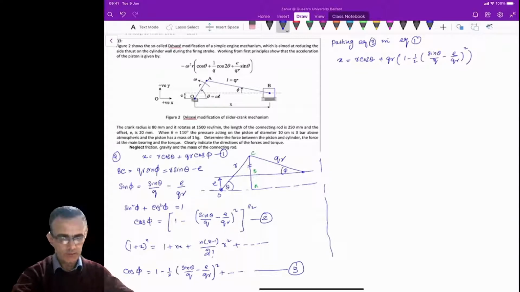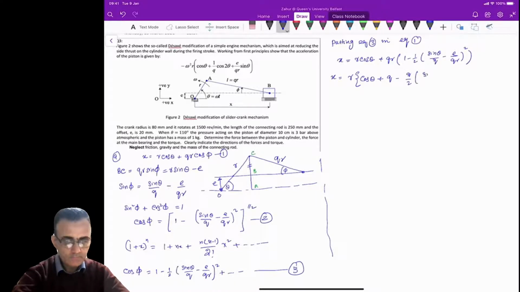You get this value here, and now you can simplify this value, so it becomes equal to r. You can take r common, cos theta plus q, and then it becomes this thing here. So this becomes our x, which is our equation 1.